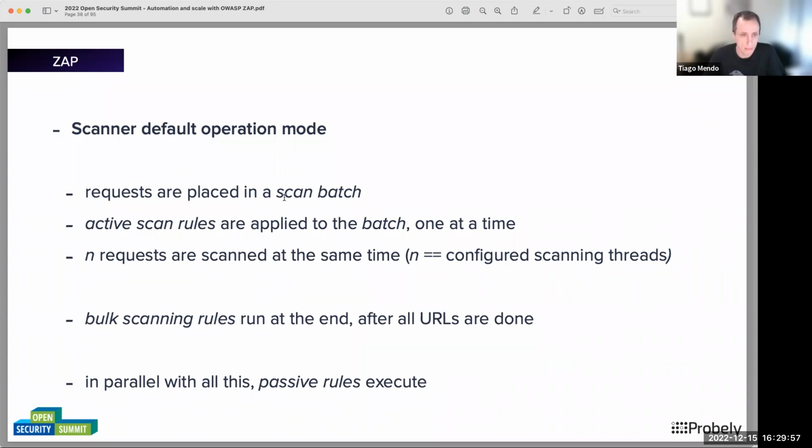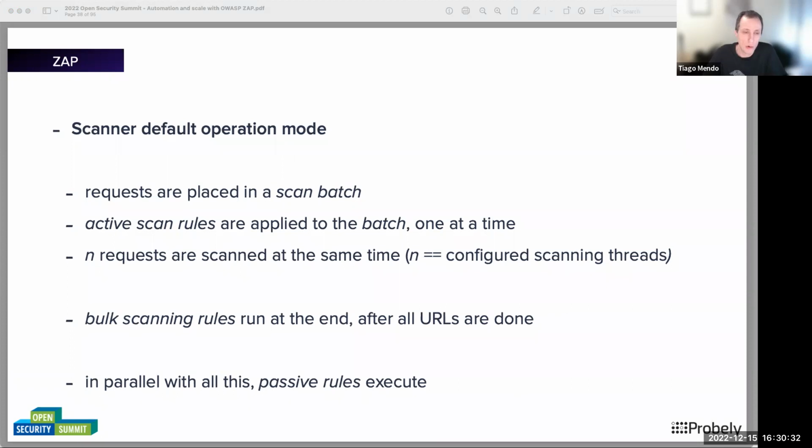So this is one of the scanning methods of ZAP. It also has the concept of bulk scanning rules. Active scan rules are the ones that do requests. Then we have the bulk scanning rules that run at the end when all the active scan rules are done. Examples of bulk scanning rules are Heartbleed and the cross-domain XML rule.